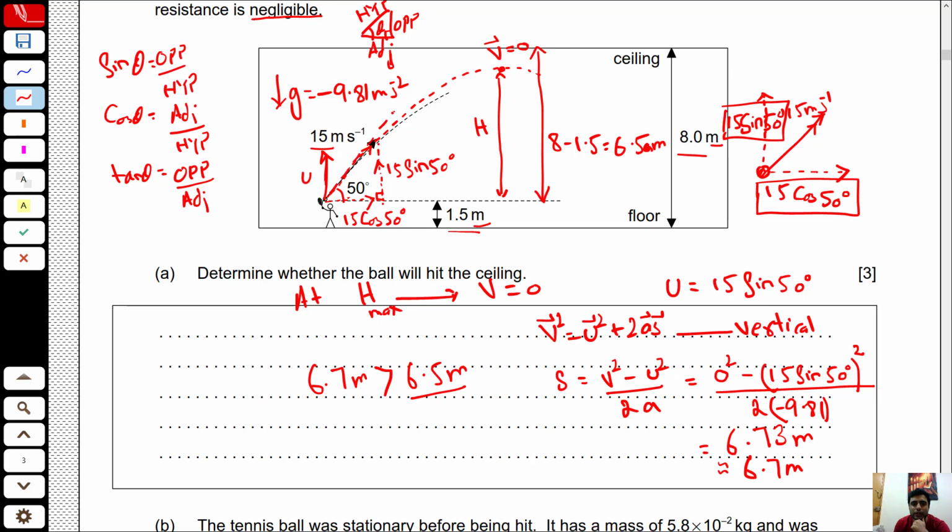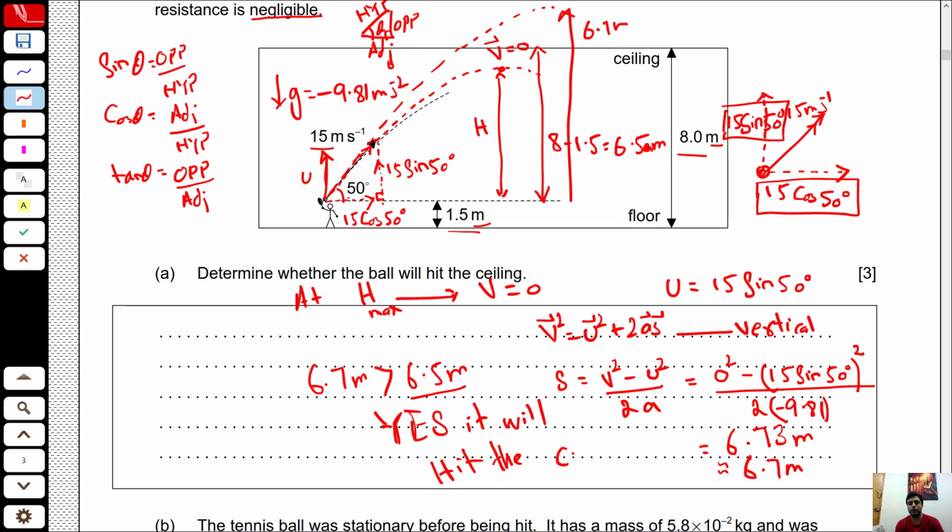It's going to hit the ceiling and then travel the extra distance, so that the total distance becomes 6.7 meters. So yes, it will hit the ceiling, because 6.7 meters is bigger than 6.5.